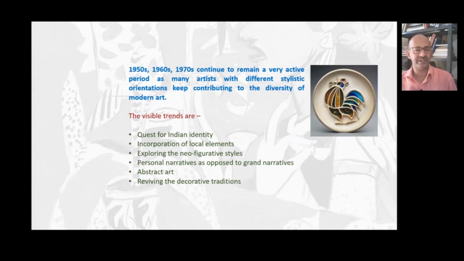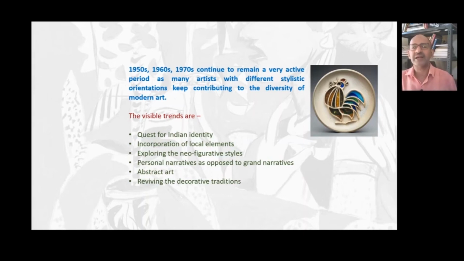Exploring the new figurative style. This has already been clear in the last lecture that one of the hallmarks of the art of this period is an attempt to reimagine the figuration. Human figure is not just a representation of the human figure anymore. A human figure, when properly done with a conceptual understanding, becomes a site of experience.